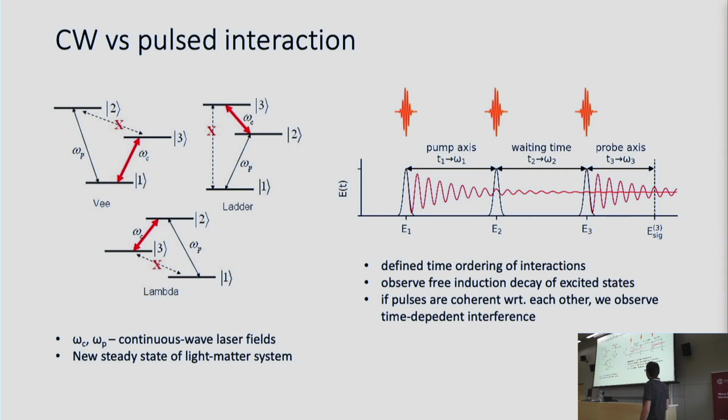This way, I can describe the same kind of matter system, but the approach experimentally is quite different. And what is important is that I can think about it as having this excitation and then this excitation, and then I flip the time ordering of the interactions to account for all the possible ways the system can be excited.